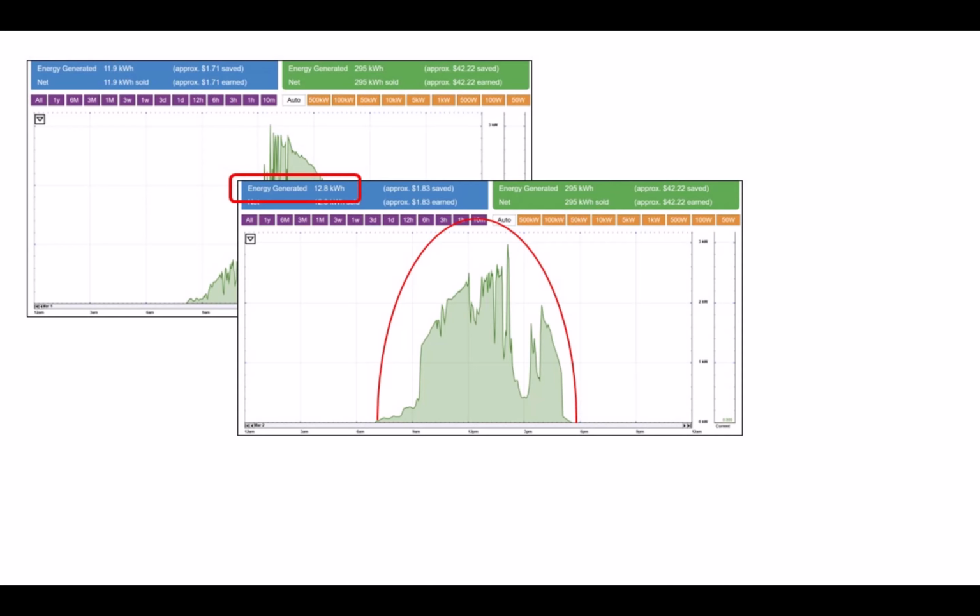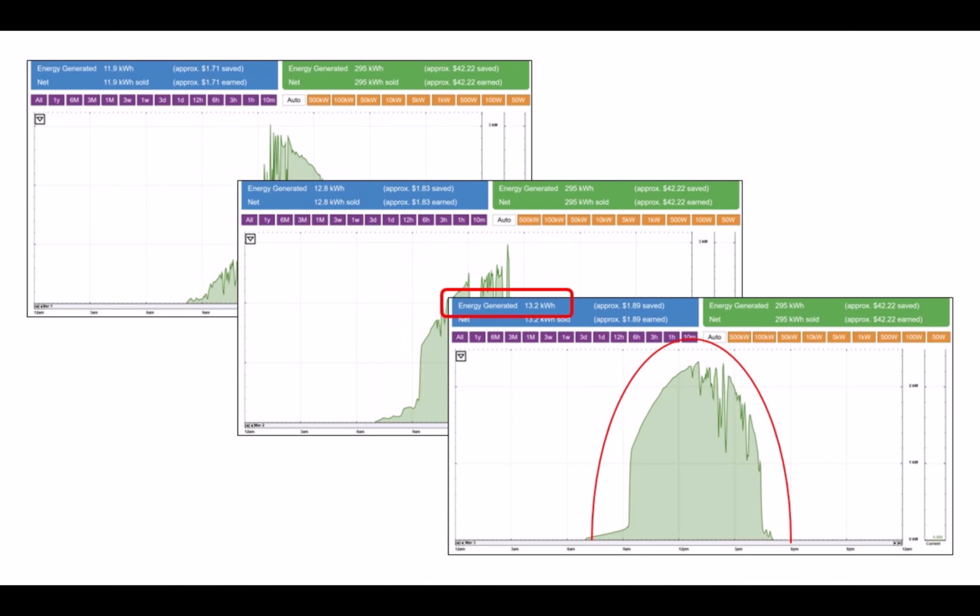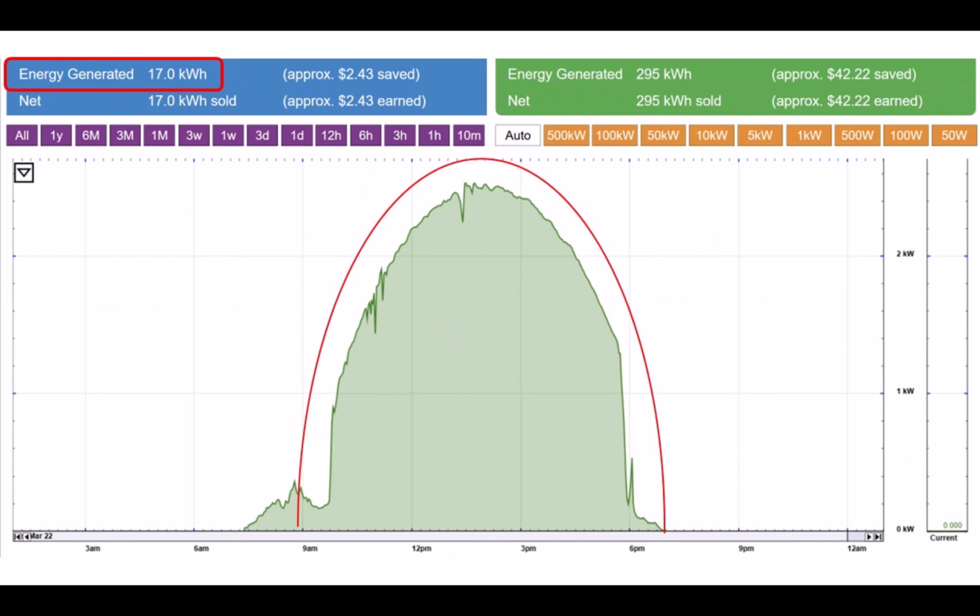Keep advancing day by day, looking for the day with the highest energy output. When you've found that day, record the energy generated for that day. In addition, take a screenshot or snip of this output profile to copy into your student guide where indicated.